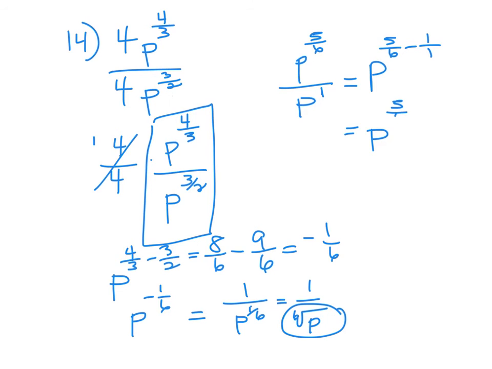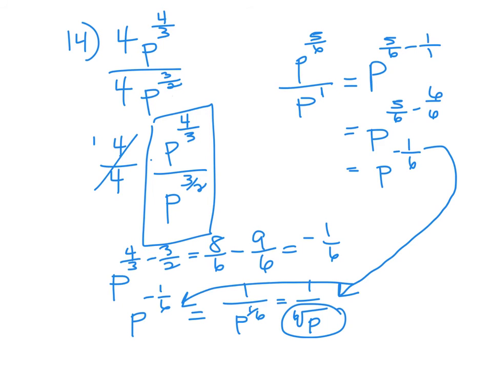So that's going to give me 5/6 minus 1 goes into 6 6 times, and 6 times 1 is 6. So that's going to give me p to the 5 minus 6, which gives me negative 1 over 6. So that is the same as what we have here. So that's how they get to the answer on the worksheet.